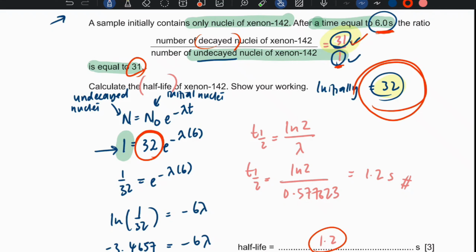That means initially, before even a decay happened, you had 32 nuclei. So that is why you must put 32 here instead of 31. I hope you understand how to do this question. It gives you a better idea on how to approach it.